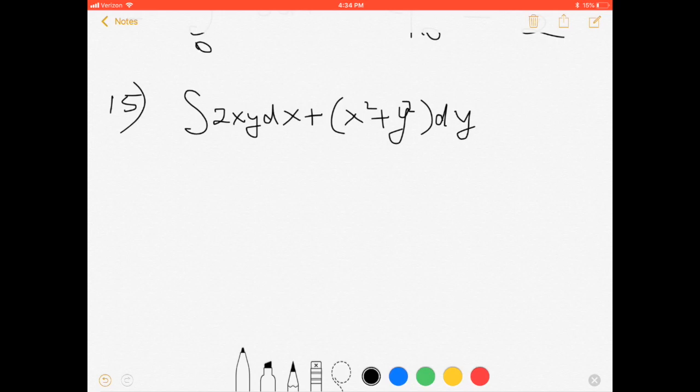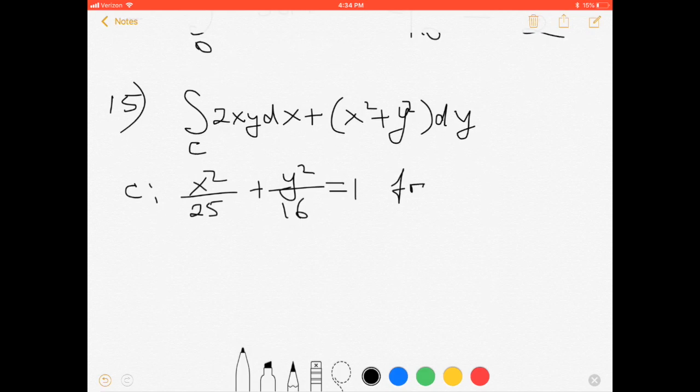For some curve c, where c is the ellipse x squared over 25 plus y squared over 16 equals 1, and we need to move from point 5, 0 to point 0, 4.